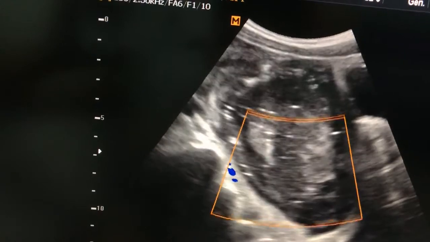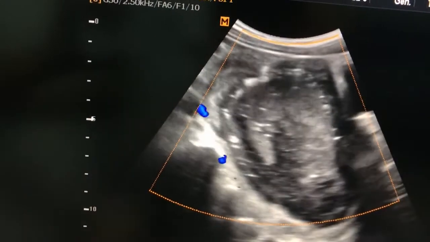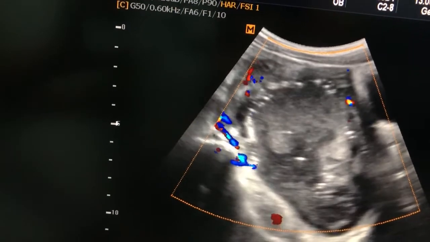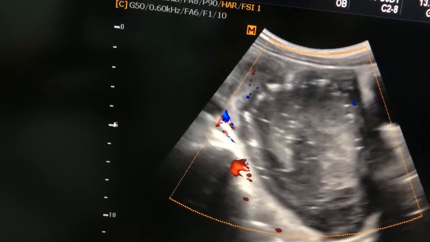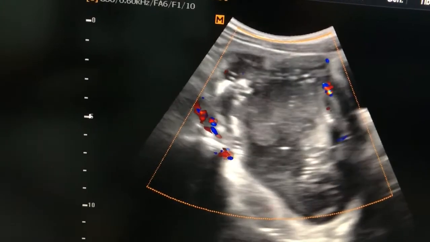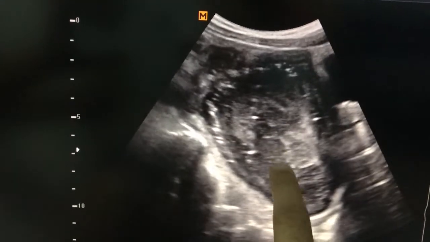There is no internal vascularity. So it is a kind of cystic area with thick debris inside and of mixed echogenicity.